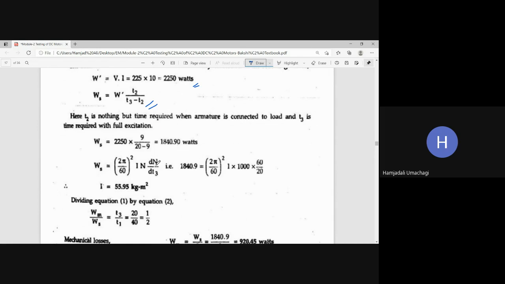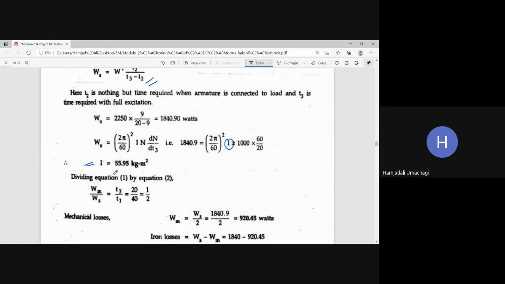The change in speed dN is already calculated, 1030 minus 970 is 60, and the time taken for that is 20. So after solving this, we get the moment of inertia I as 55.95 kg meter square. This is the first parameter we have calculated using the problem statement.